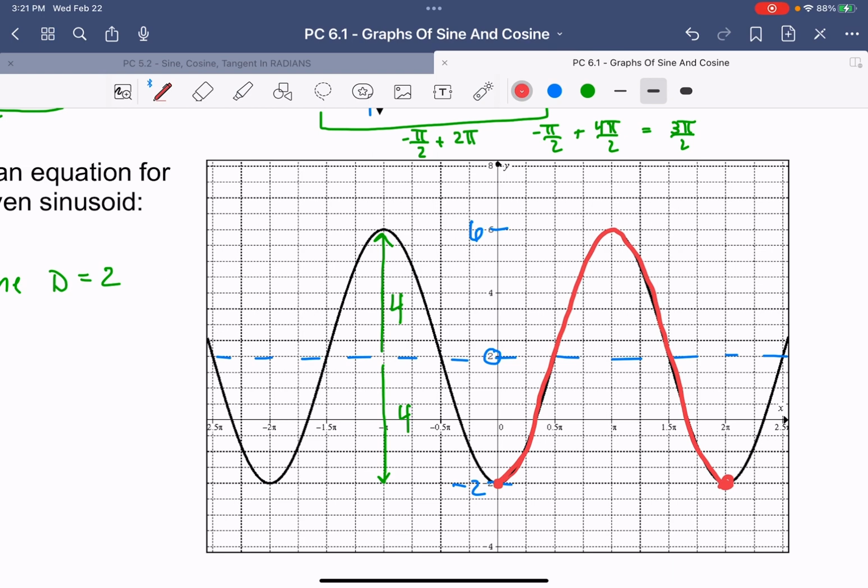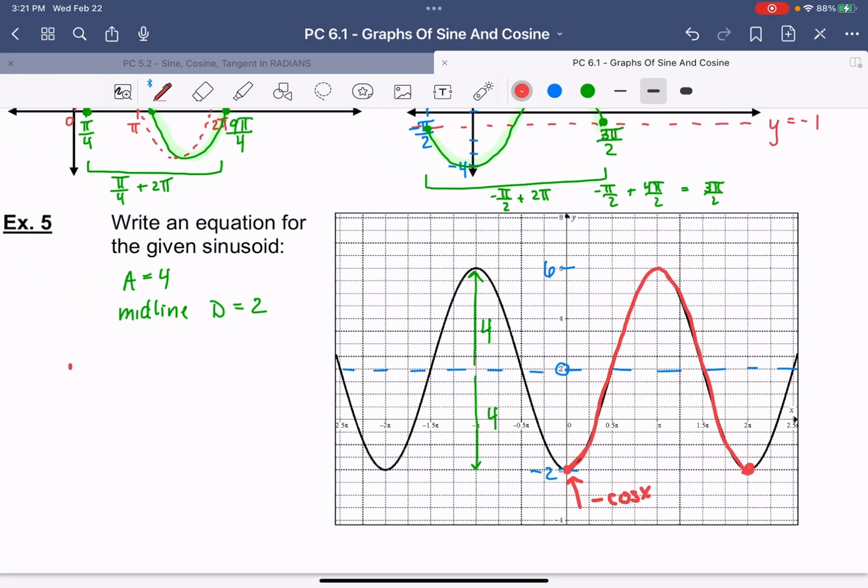And if I'm looking at this being my first point with no phase shift, that's a negative cosine curve, right? So I could write y equals -4 for my amplitude, cosine of x with no phase shift, and +2. Okay.